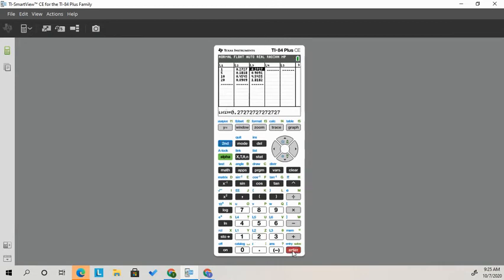And that gives my answers for my mean. All I have to do is quit out and sum those up. I'm going to do second, stat, math to my sum function. You can go to 5 or arrow to 5, and you sum up list 3. So there's my mean, 7.54.